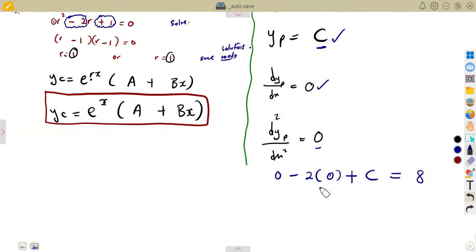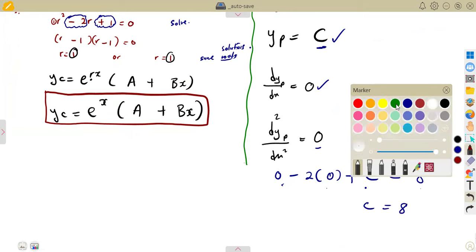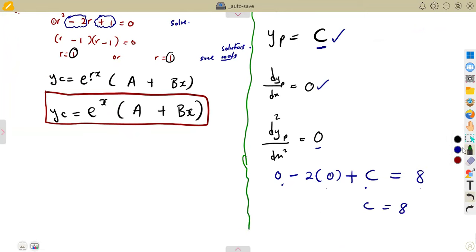So as you can see in this case, that's a 0 is 0. So c is equal to what? C is equal to 8. So this one is just direct. The 8 that we had, that is our c. So therefore, yp, which is our particular integral, is going to be equal to 8, which is equal to c, the one that we calculated here.